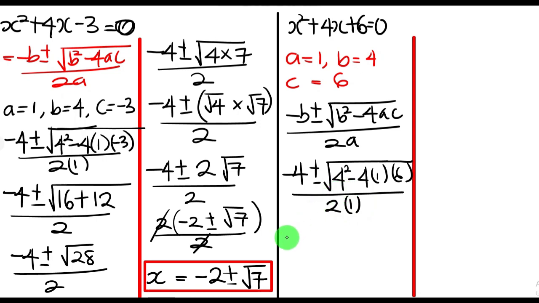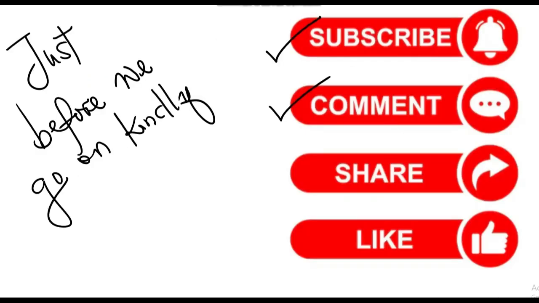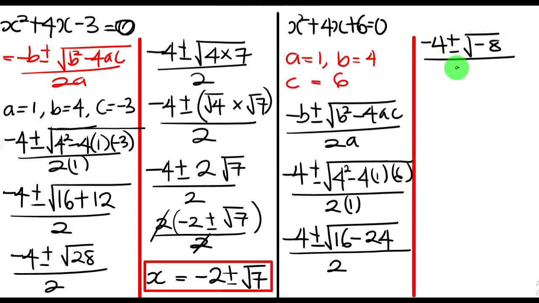Doing this carefully, we have minus 4 plus or minus the square root of 4 squared, that's going to be 16, minus 24, because 4 multiplied by 1 then multiplied by 6 is going to be 24. Then we still have the minus there, everything all over 2, because 2 times 1 is still 2. You're going to have minus 4 plus or minus the square root of minus 8, everything all over 2.